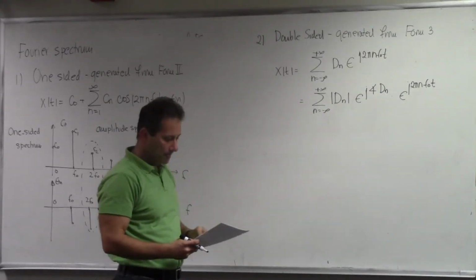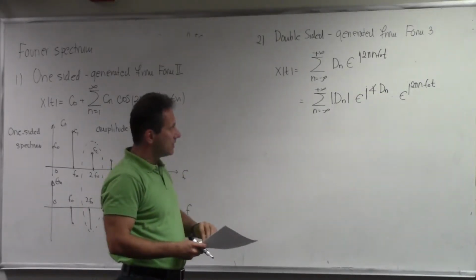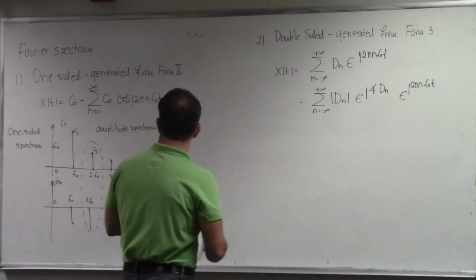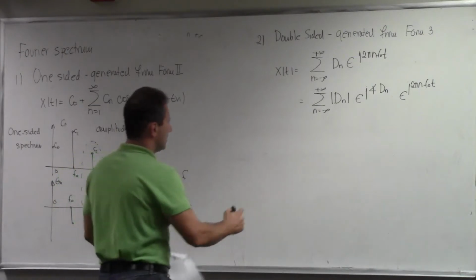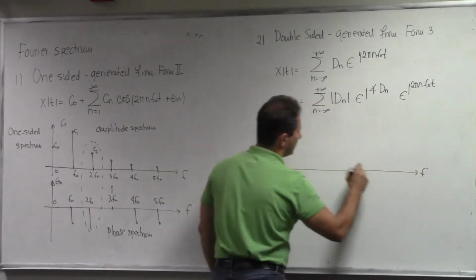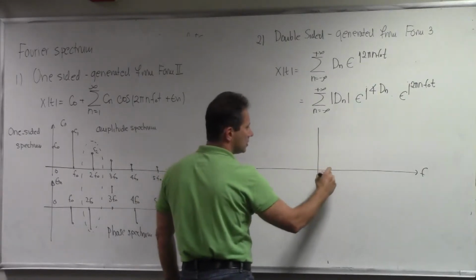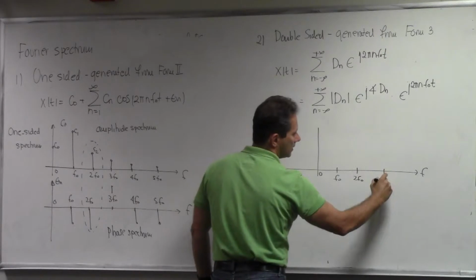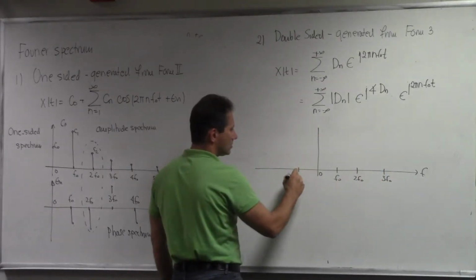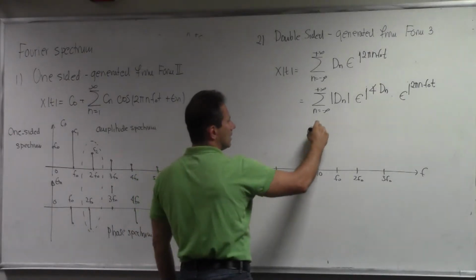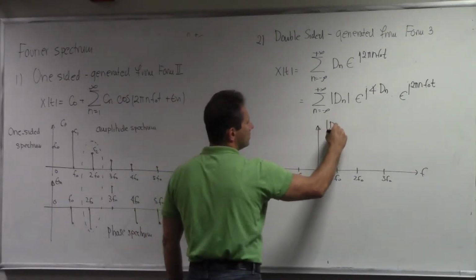If we approach it that way, then we can draw a similar chart to this one. But now, this is what we do. We say this is f, this is 0, f0, 2f0, 3f0, and so on, but also minus f0, minus 2f0.